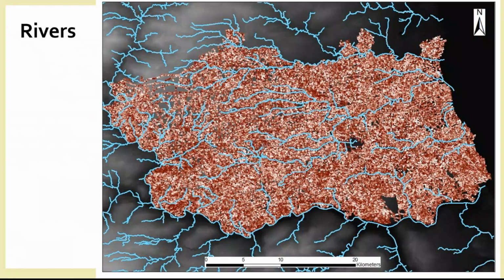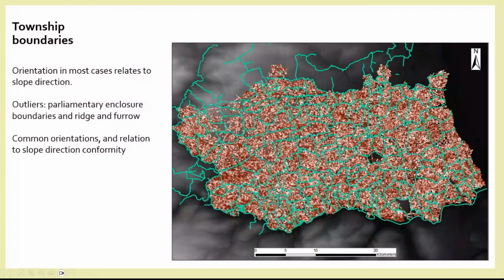I looked at it in terms of major rivers in the region. Again, it just teases out what I've just said: you can see more heat around the river basins. Then I started looking at other units of data, for example the townships shown on tithe maps and first edition OS maps, and that's where I started to think, hang on, there are a few areas where there is greater conformity, and sometimes it's contained more closely within a township boundary.